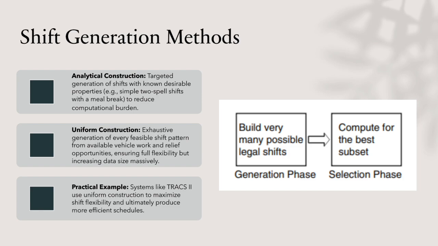TRACS2, a real-world scheduling tool, embraces uniform construction, believing the computational challenges are worth it for the superior schedules produced. The given figure visually shows the GAS pipeline. Vehicle work flows into shift generation and onward into optimization.